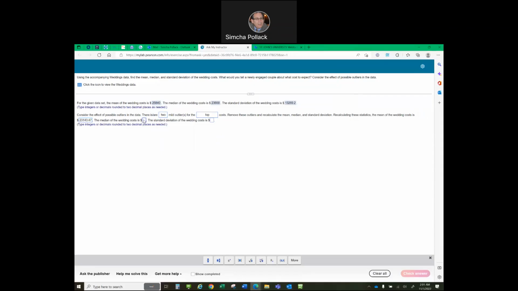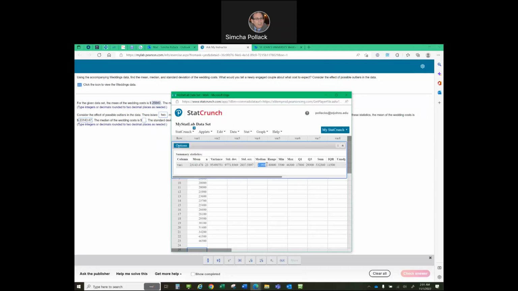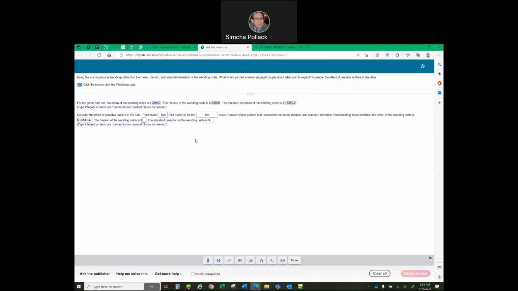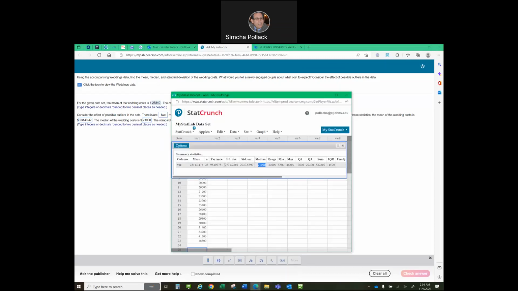The median of these 23 remaining numbers is 21,900. And the standard deviation should be much lower because we got rid of the extremes. The standard deviation should be a much lower number, which is 9771.9.